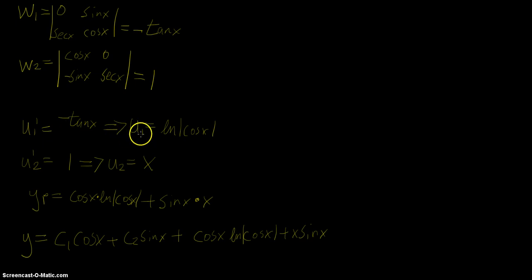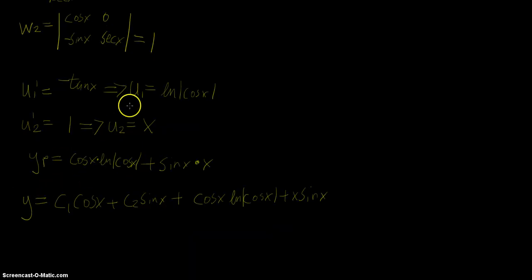So u1 is the integral of negative tan x, which is natural log of absolute value of cosine x. u2 prime is 1, because 1 over 1 is 1. u2 is x. yp, therefore, is u1 times cosine x plus u2 times sine x, and y is yc plus yp.